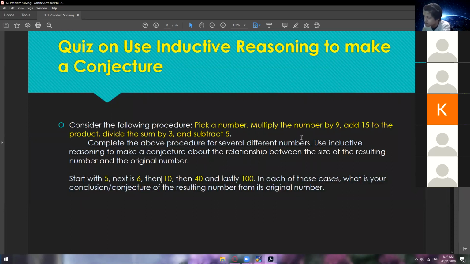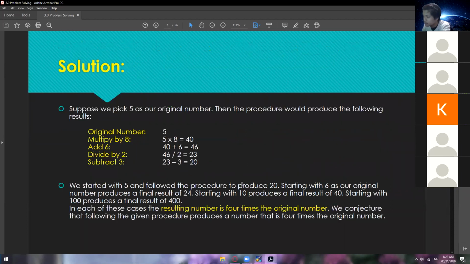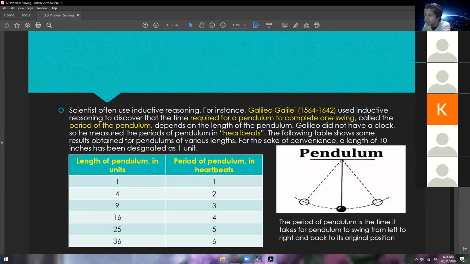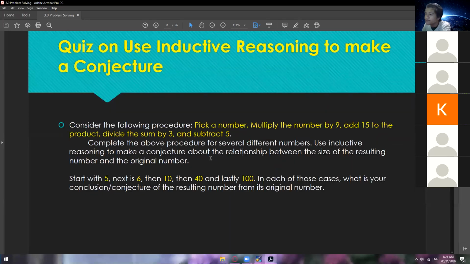The question asks about the relationship between your original number and the resulting number. Look at it on the Canvas. It's multiple choice, so there are a lot of choices. Just do those 5 processes, and you'll be able to answer it right away.